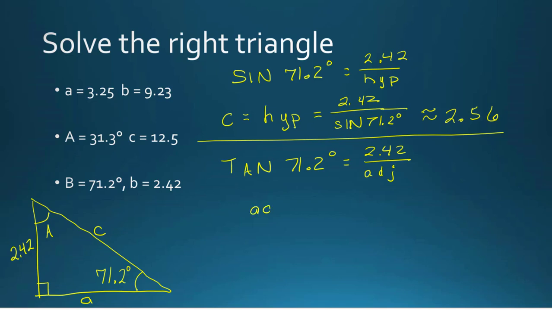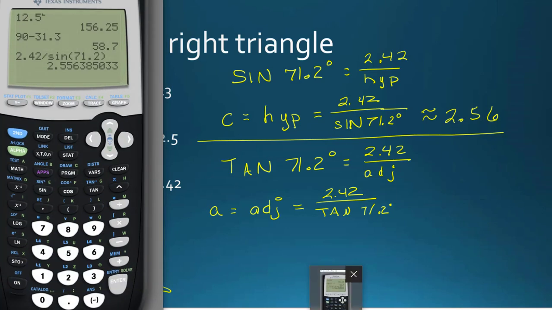Adjacent, which for us is just A, is 2.42 over the tangent of 71.2 degrees. So 2.42 divided by the tangent of 71.2, and that gives me something like 824.824.